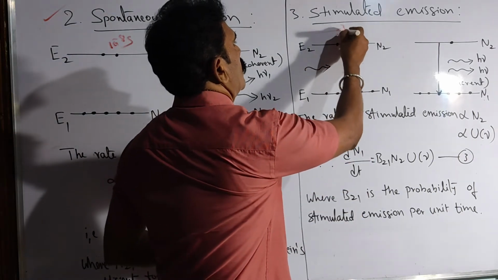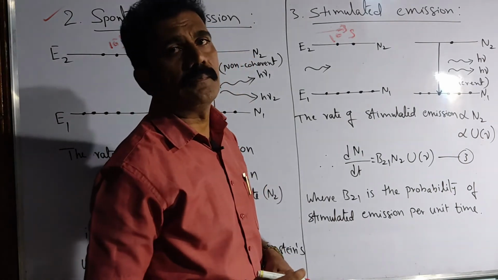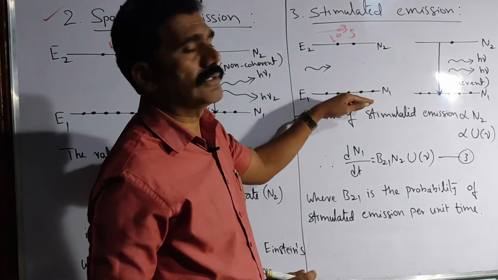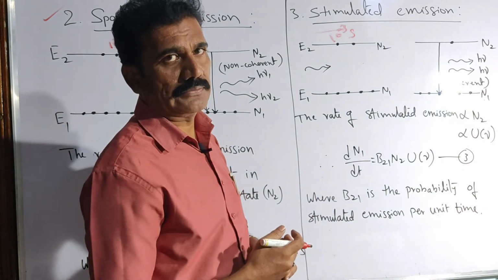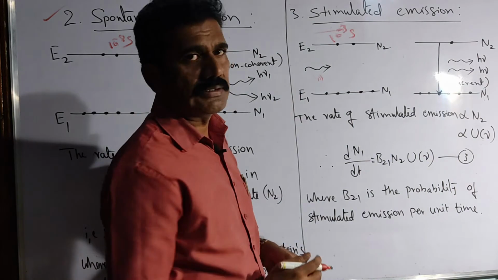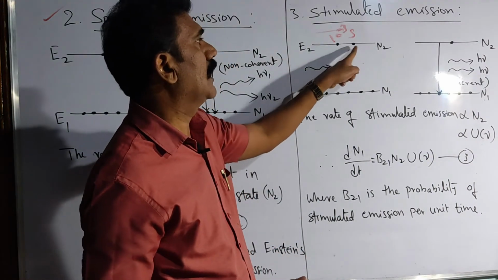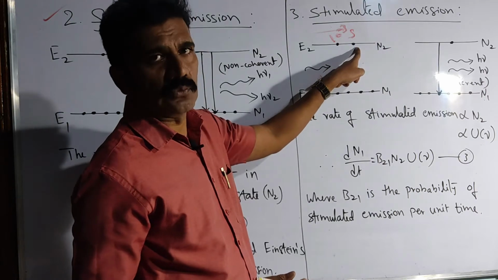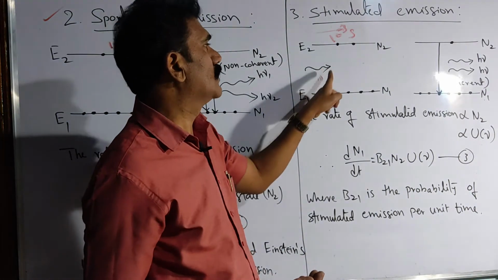So the atoms can stay there for a longer time, but they can undergo transition only when further incident radiation happens. That is why we need a stimulating photon of the right energy. This photon is going to stimulate the atom in the energy state E2. Stimulate means the atoms are not going to absorb this energy.